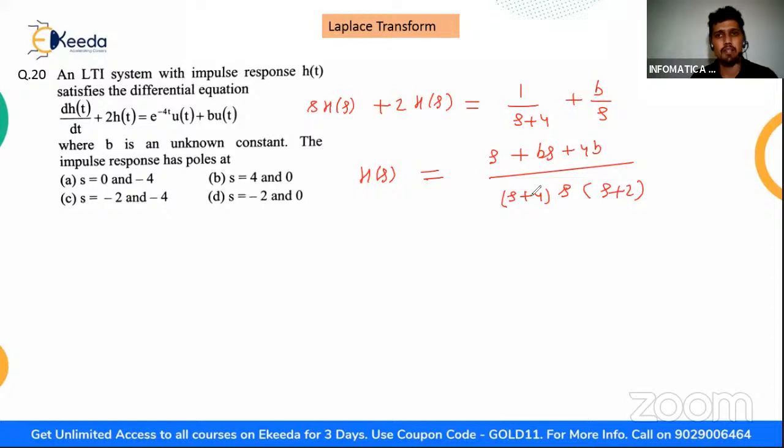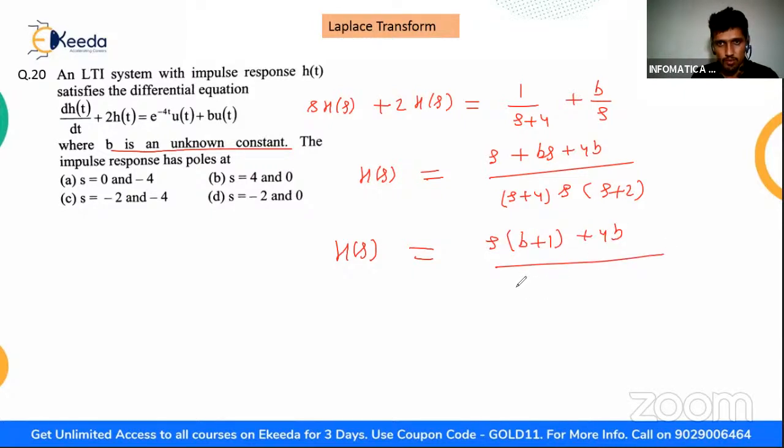So basically, since B is unknown, there should not be any cancellation of poles or zeros. So this S is basically B plus 1 4B. So it depends on the value of B also exactly.